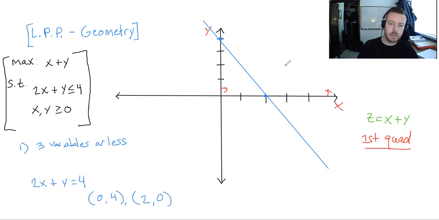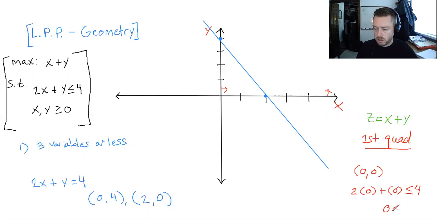First quadrant, right? Cool. If you remember, for an inequality, to see which side of the line is true, you simply plug in points and check the inequality. Let's put in the simplest point, which is 0, 0. So we have 2 times 0 plus 0 is less than or equal to 4. We get that 0 is less than or equal to 4, which is true.